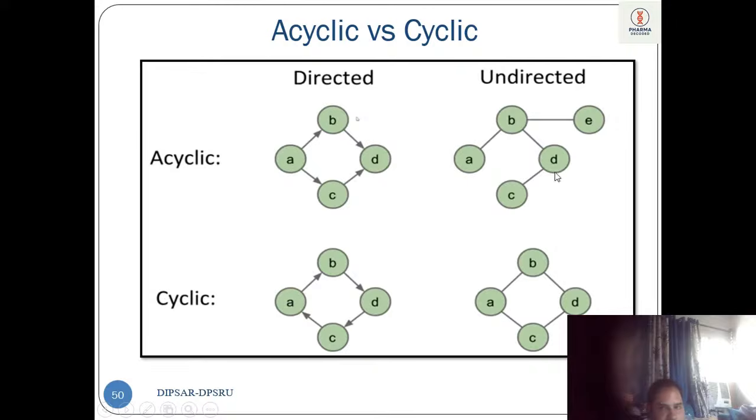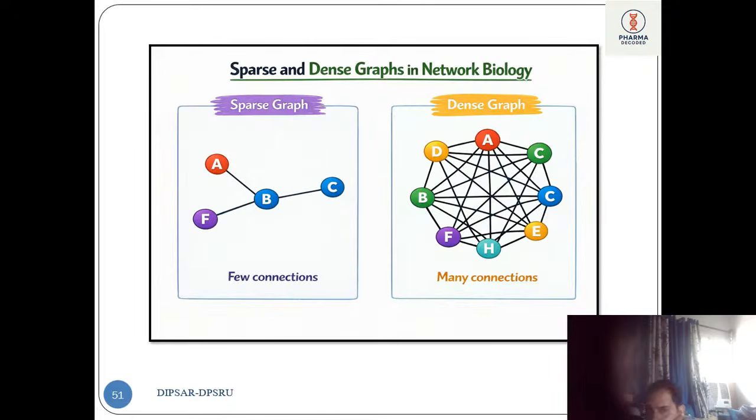The next types of graphs are sparse or dense. Sparse means when there are few connections, that kind of graph we call sparse, and when there are a lot of connections, we call it a dense graph. When we are dealing with networks, biological or pharmacology or disease, we are dealing with the dense graph rather than the sparse graph. So if someone asks you the difference between sparse and dense, we are dealing with the dense graph rather than the sparse graph.